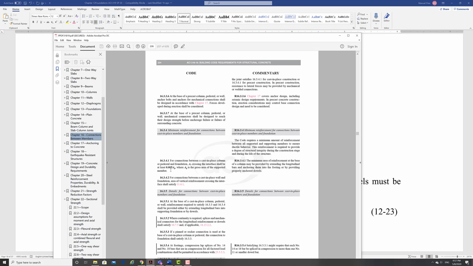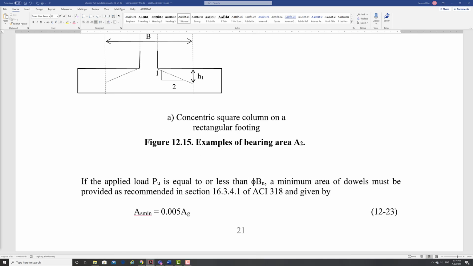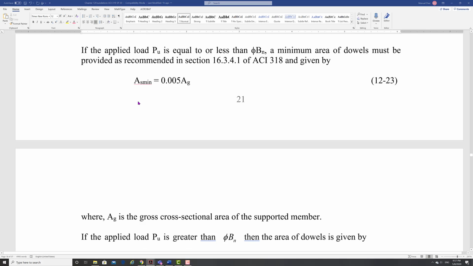Okay, right here. Right? So this is what you need to satisfy. Okay? At the interface, that's where you're crossing between a column and a pedestal, a column and a footing, a pedestal and a footing, any transition like that, right? You have this minimum amount that you need to provide. All right? Okay.